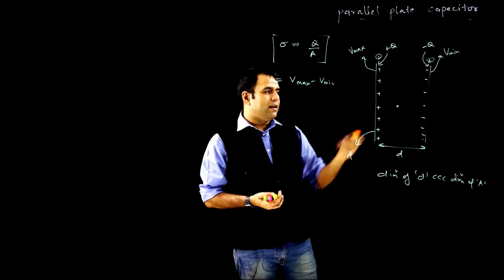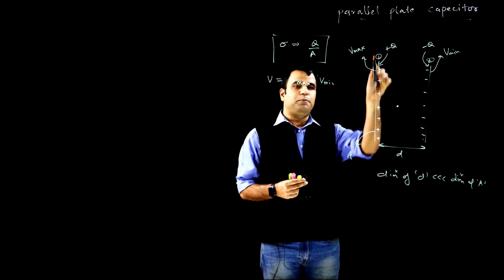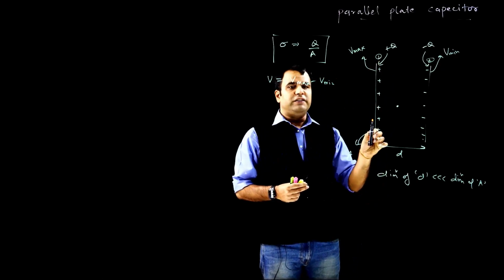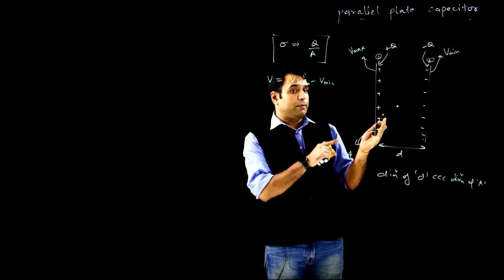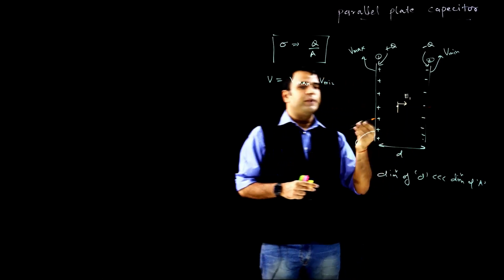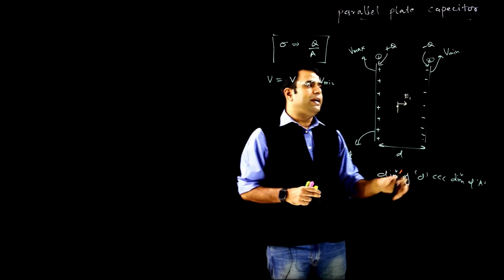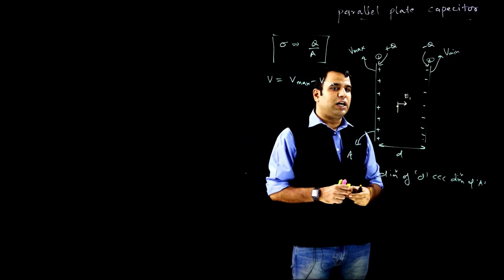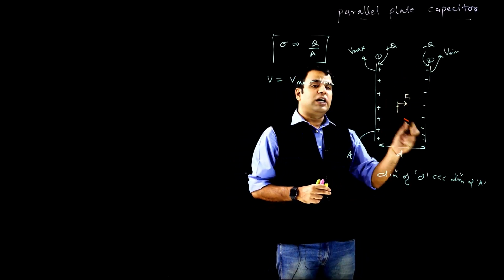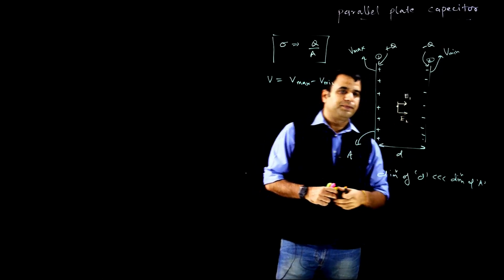At this general point, if I want to calculate the electric field because of plate 1, this is a positive charge, and due to the positive charge, the direction of the field is away from the charge. So E1 will be towards the right. Now I'll define the field due to the second plate. Since the second plate has negative charge, the field due to negative charge will be towards the charge, so it will be in the same direction.